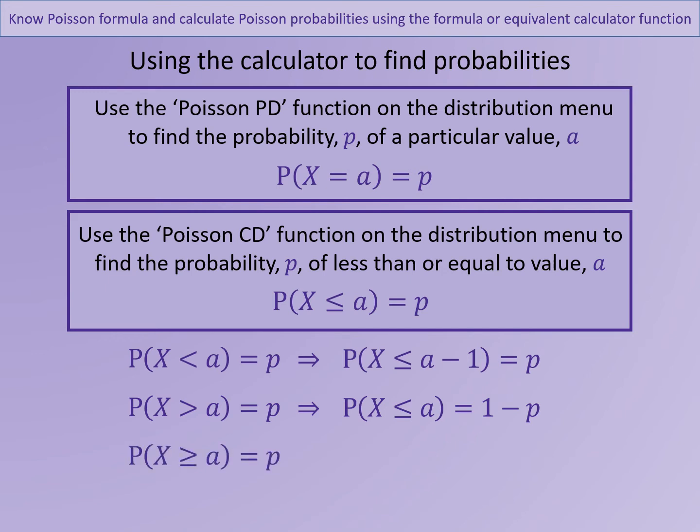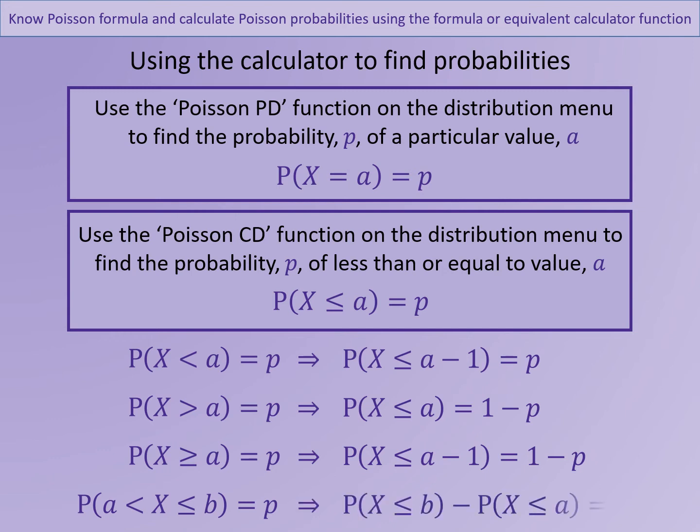If we want the probability that x is greater than or equal to a to be p, then we know that the probability that x is less than or equal to a minus 1 is 1 minus p. And finally, the probability that x is greater than a and less than or equal to b is p. We could calculate this by finding the probability that x is less than or equal to b minus the probability that x is less than or equal to a. These can all be verified by substituting numbers in for a and b.